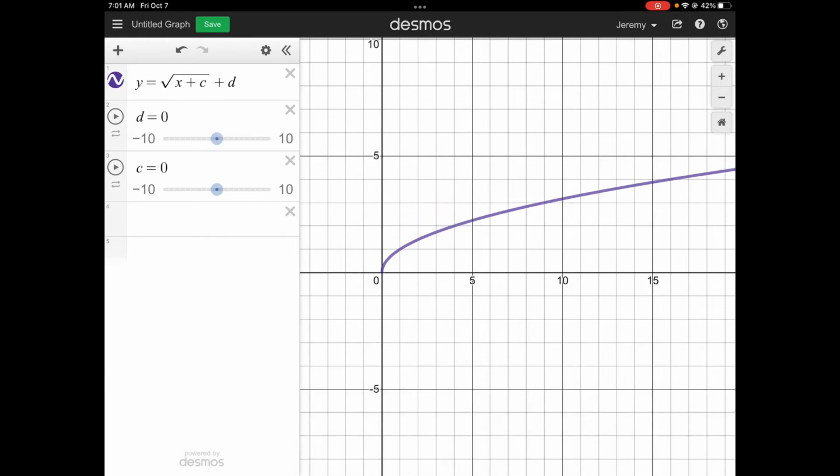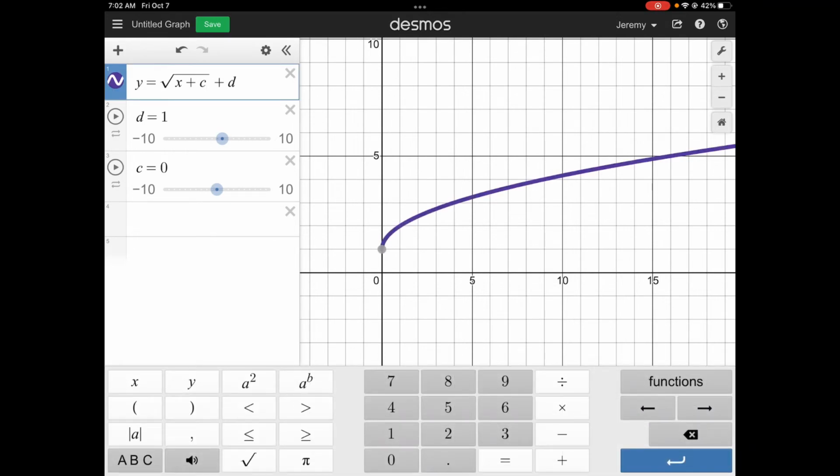Right now that's the square root of x plus 0 plus 0 on the outside. What happens when I add a number on the outside? Well, that's the square root of x plus 1. Here, let me do this just to make things easier so you can see it better. There we go. That's the square root of x plus 1.